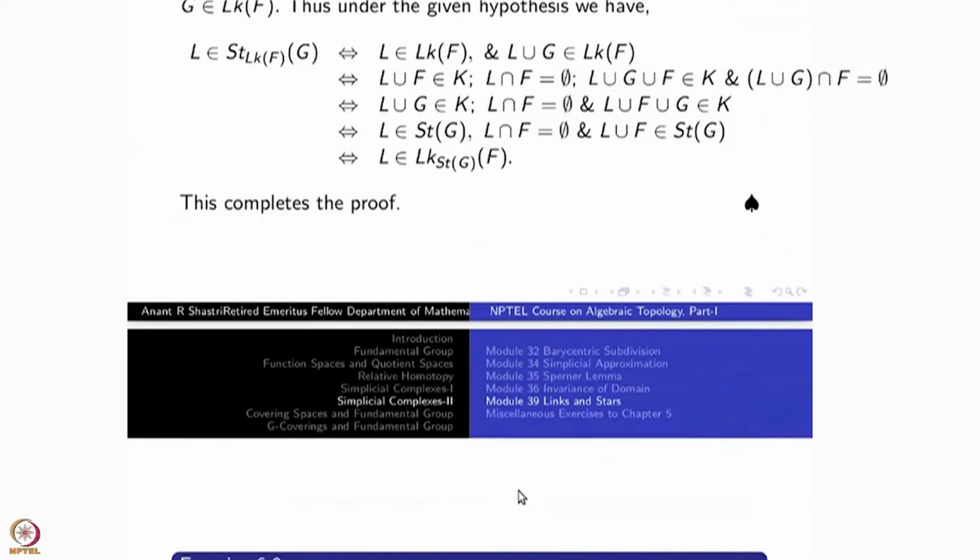To get familiar, you can solve a few exercises which I have mentioned. For example, show that the star of G inside the star of F is the star of F intersection the star of G, both taken inside K. The only thing you have to assume is that F union G is a simplex.